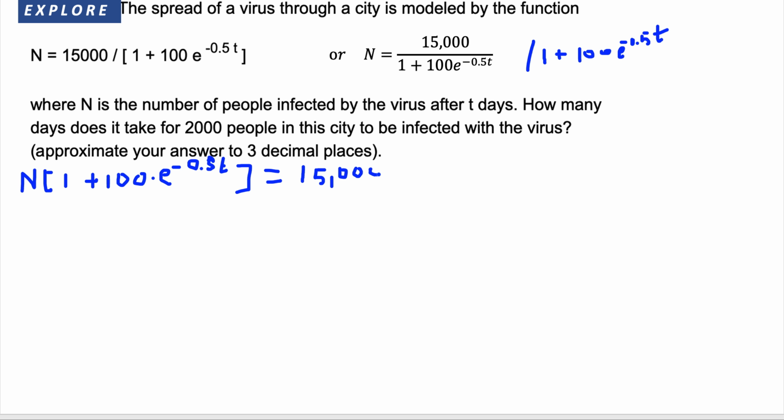So in the right side this is just 15,000. Now we distribute N in the left side, and we get N plus N times 100 times e to the exponent minus 0.5t is equal to 15,000.